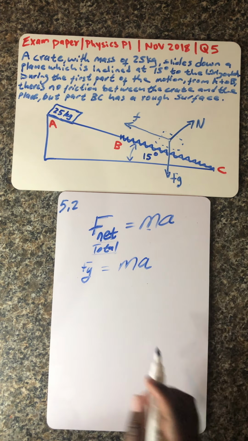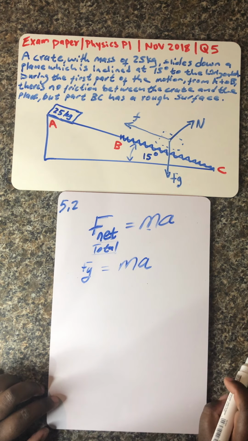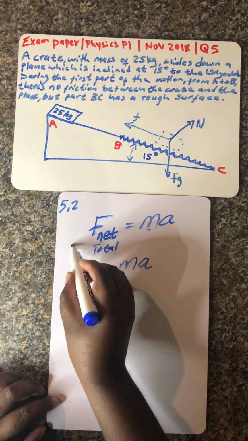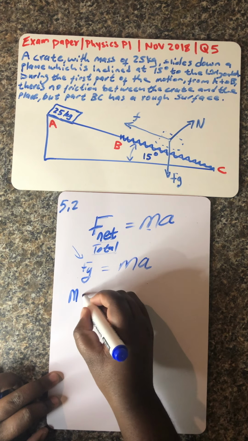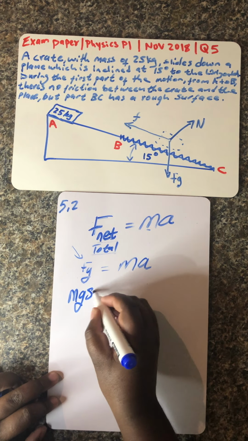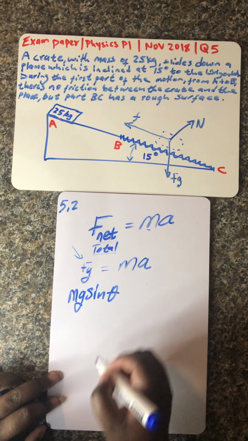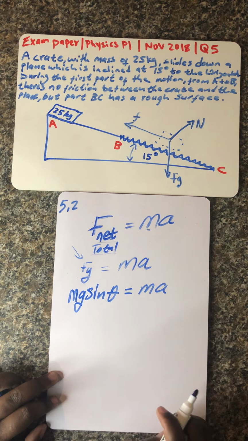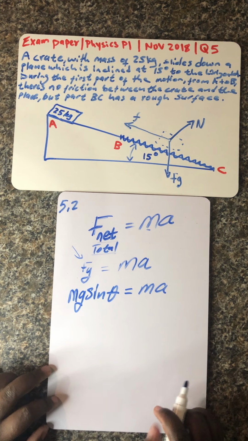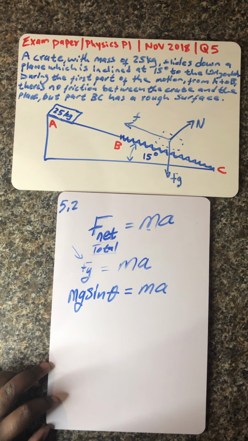I'm just expanding this formula. What is the equation for force of gravity, guys? We know it's mg sine angle, which is equal to ma. Very much easy.